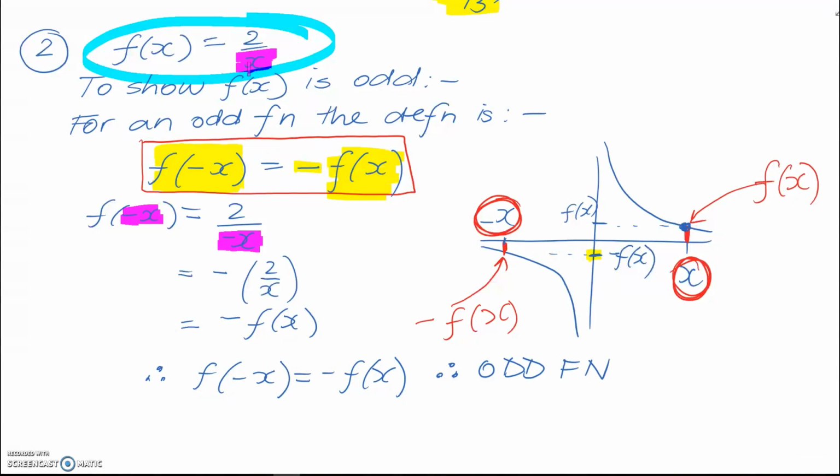Well, that's exactly the same as having negative 2 over x, which is the same as negative the function. See that this f of x here, there it is, and I've just done the negative of it. So I've actually shown that it is odd because I've shown that when I put minus x in, I get the negative of when I put x in. So that makes it an odd function.